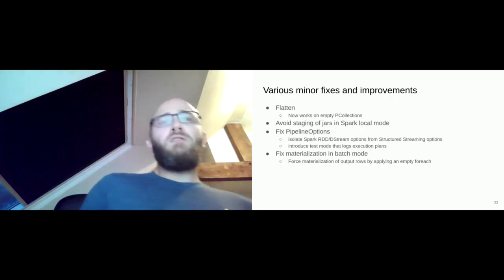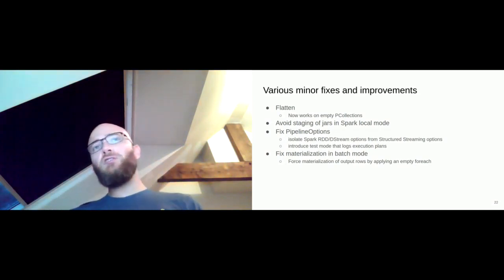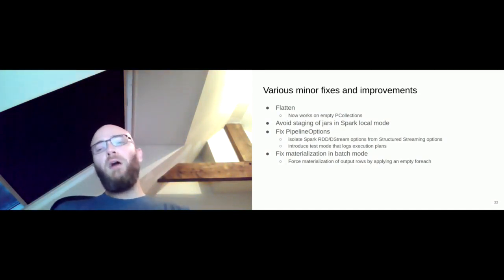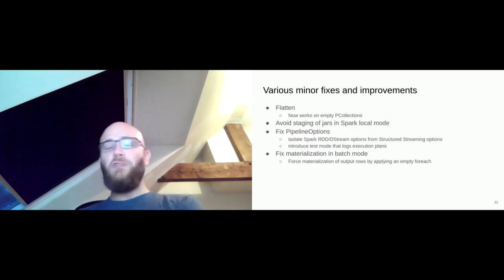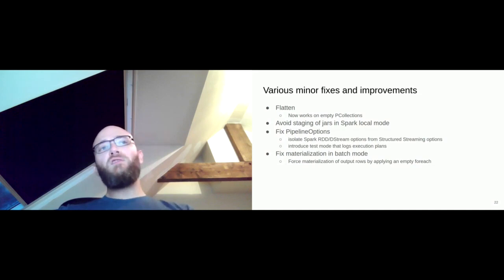We also did a good amount of work on the combine translation. As I said, the combine in Beam is the equivalent of reduce in big data. Let's say that we have a cluster with 3 executors. The PCollection is spread across the cluster, so it's divided into 3.